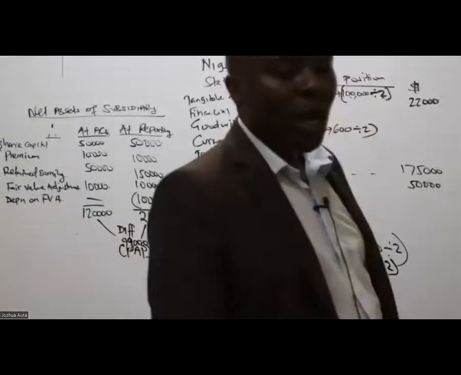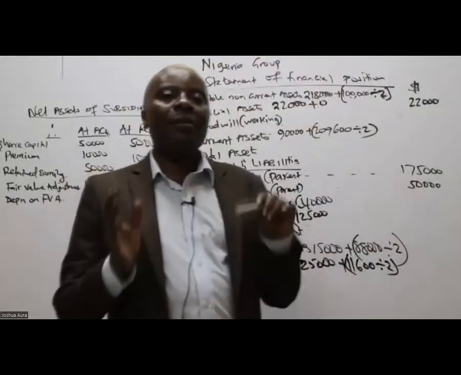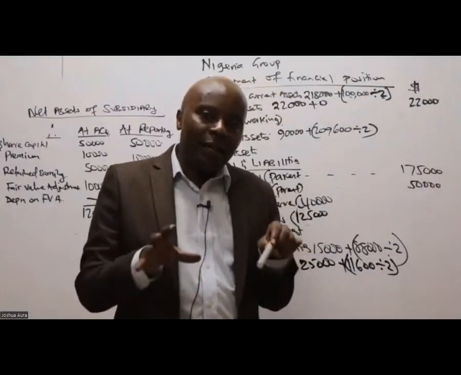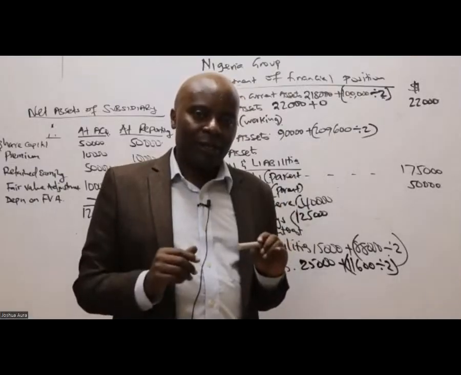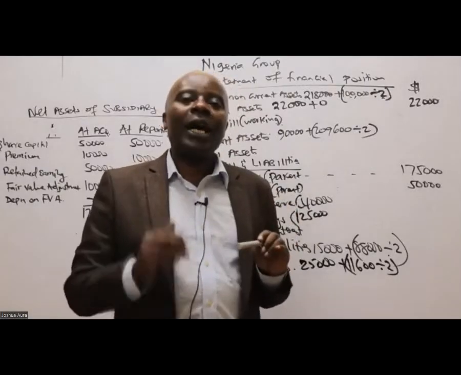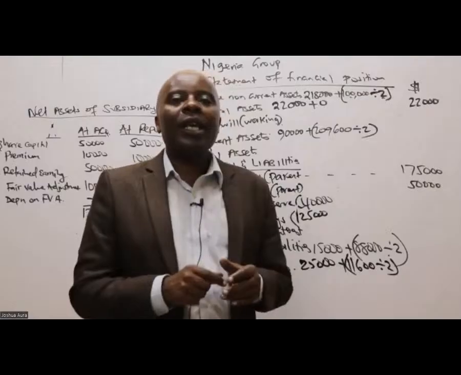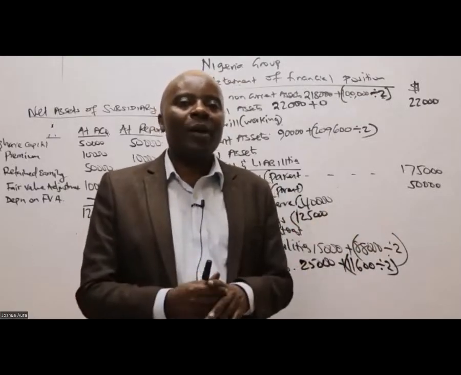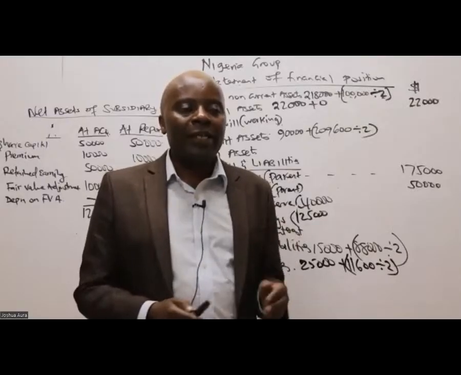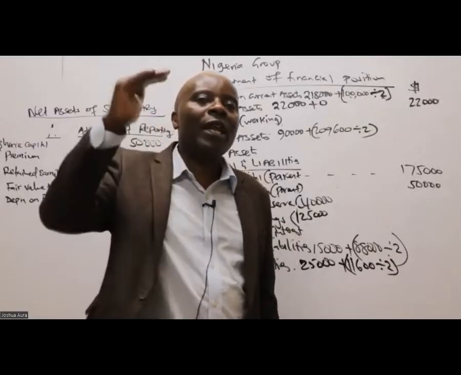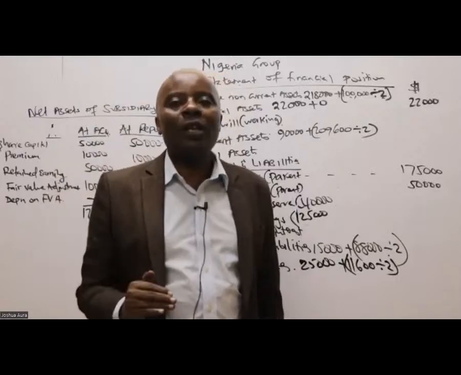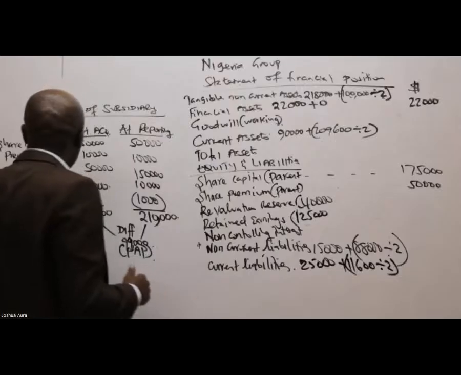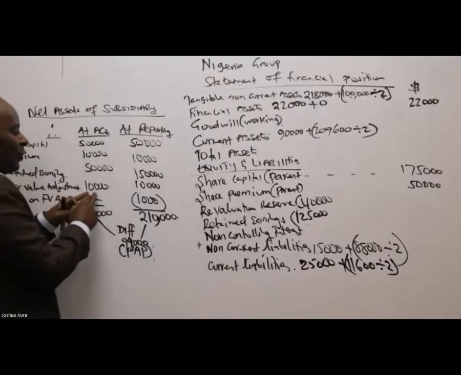So remember, when you acquire a subsidiary, it will be very important for you to have the assets valued afresh. And when this valuer came, he realized that everything else was okay, apart from one item whose fair value was higher than the book value. So this is what we are calling fair value adjustment. The fair value adjustment of our assets here, you can see it's a positive 10,000.